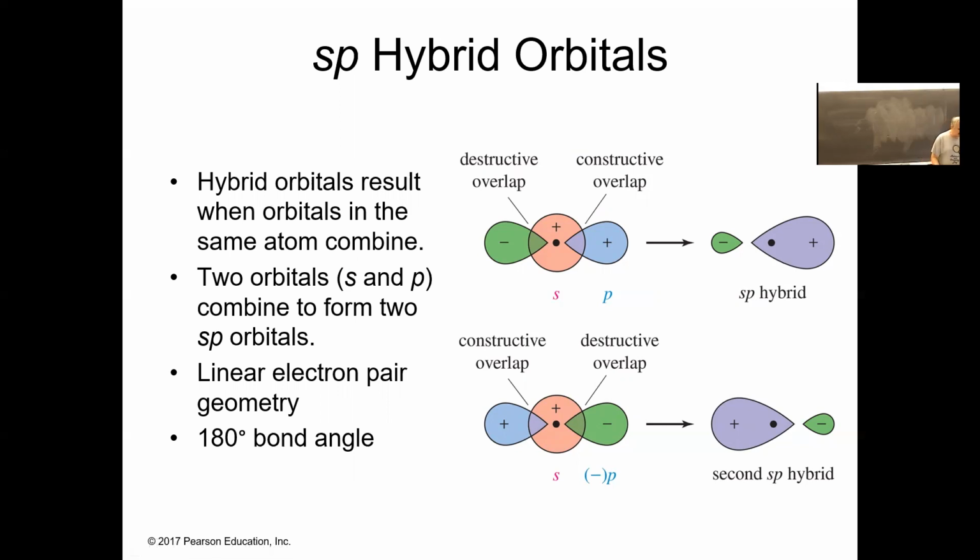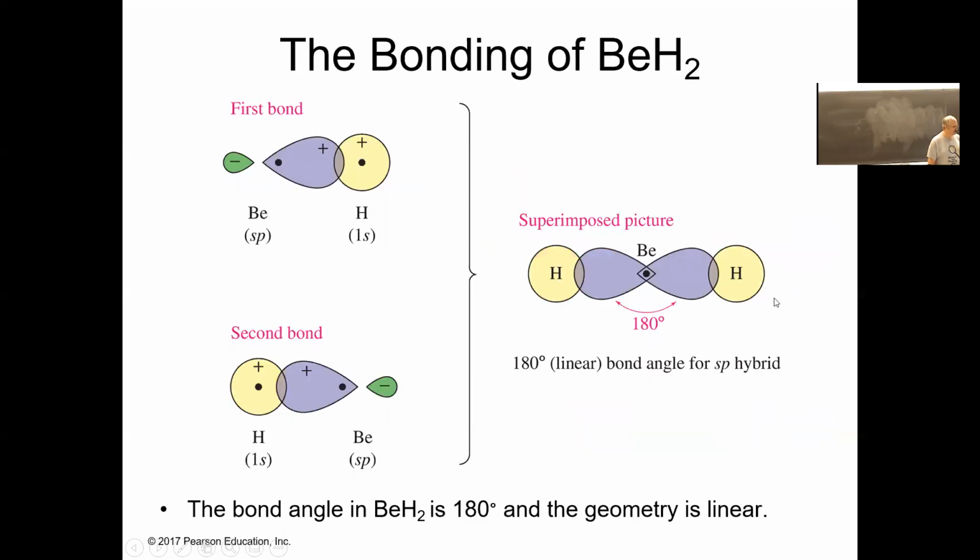And so this is used to explain molecules that have a 180-degree bond angle. I'm not so much concerned that you can derive these, but just be able to associate sp with a linear shape. Okay, beryllium hydride, we know experimentally to be a linear molecule.